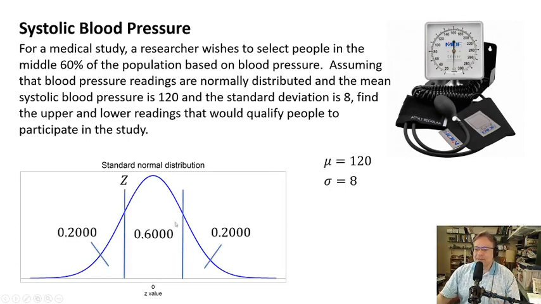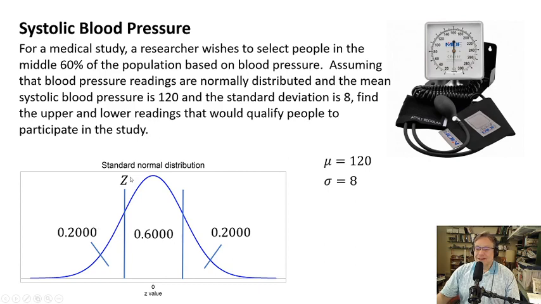We want to have the middle 60% here right in the center, and that's going to mean that the rest of the area is on the tails here. Well, if this is 60% and we have to divide everything else evenly between these two tails, that means 20% here and the other 20% here. And we just have to find the z values here that correspond to those areas.